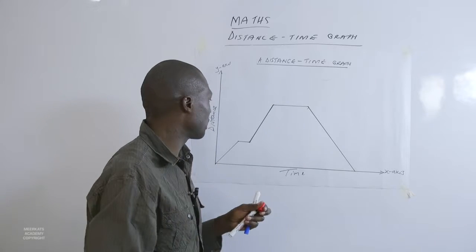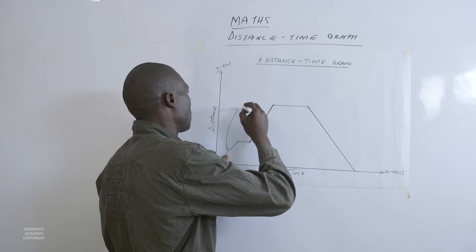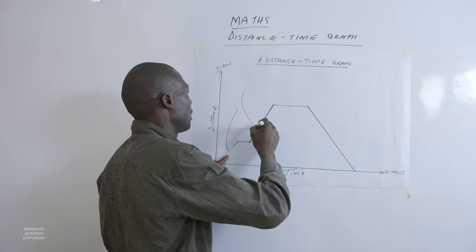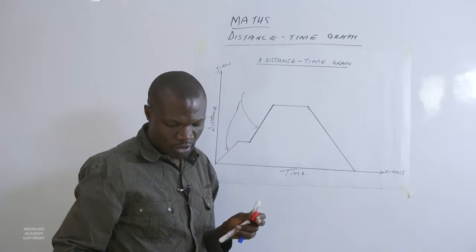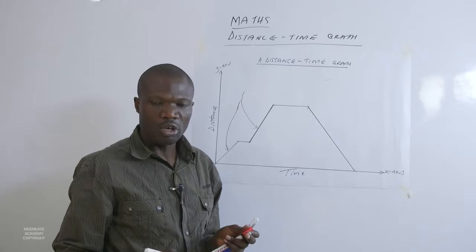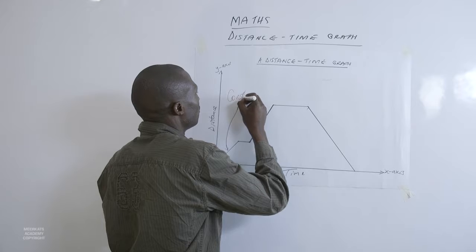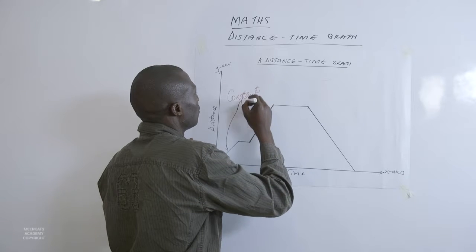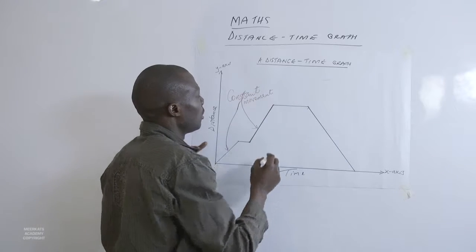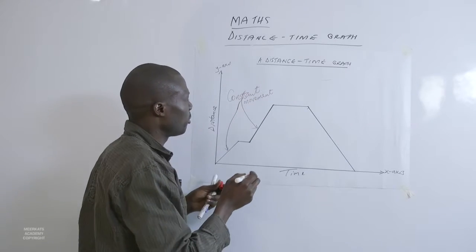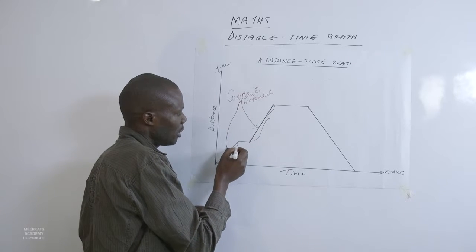Now, from what we have just seen, we should have realized that when we have a line, and I want to cite two areas, between the area here and another area here, these two areas display what we call constant movement. There is a constant movement between here and here.